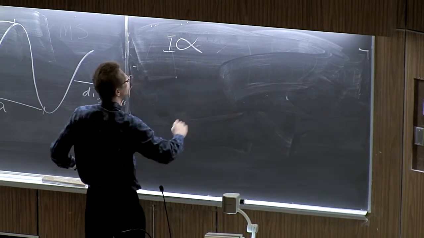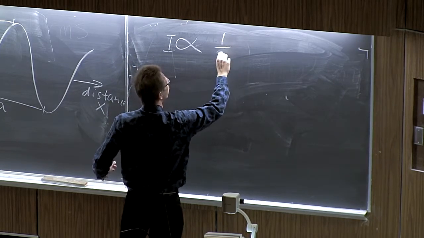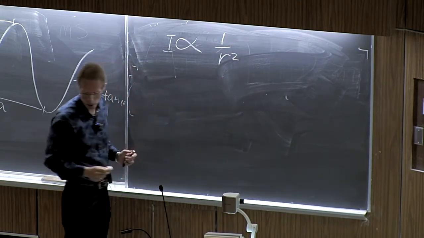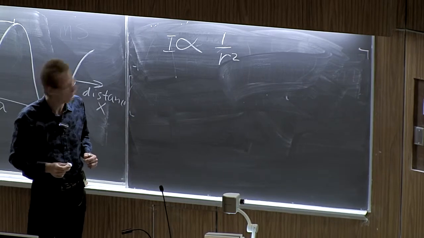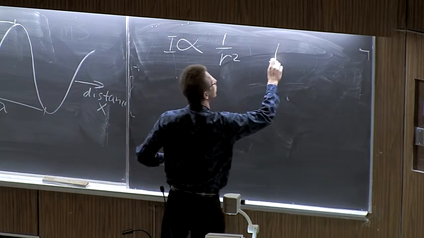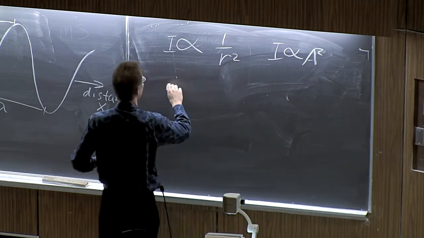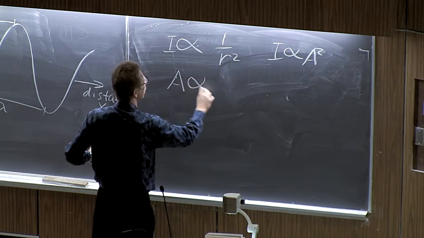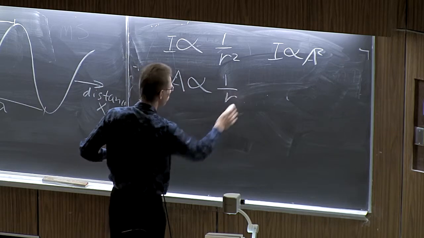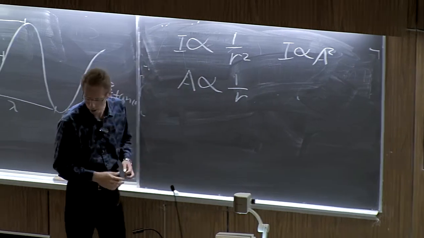Intensity is proportional to 1 over the radius squared. The amplitude, however, since intensity is also proportional to amplitude squared, is proportional to 1 over the distance without the square.